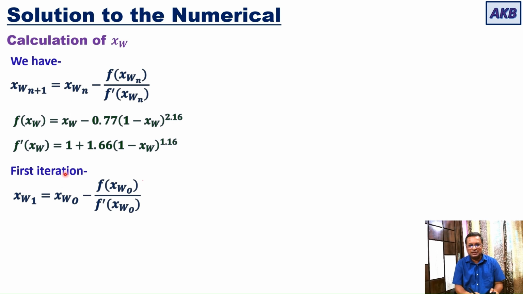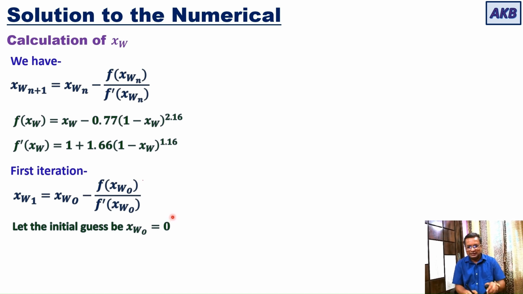For the first iteration, the Newton-Raphson formula will be written in this way: xw1 is equal to xw0 minus f of xw0 divided by f dash of xw0. So the first assumption is the initial value, that is xw0, and it is 0. So I am going to use this first assumption. It is up to you.